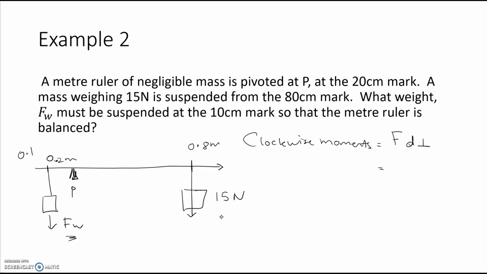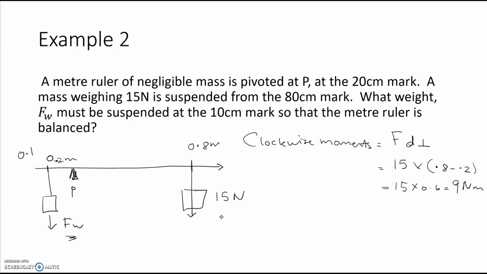In this case, the force is 15, so this is the clockwise one. This is 15 times the distance of 0.8 minus 0.2 because the pivot is at 0.2. So that's 15 times 0.6, which equals 9 newton metres.